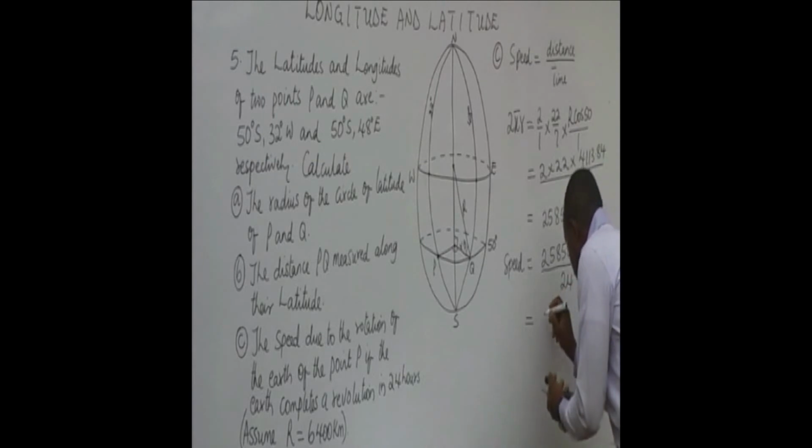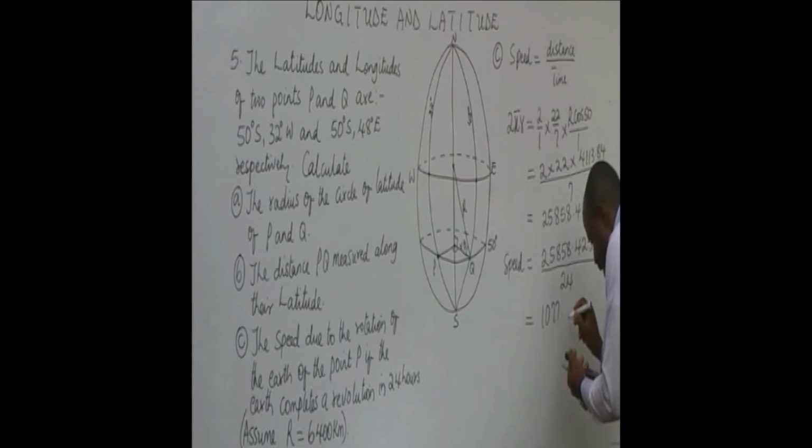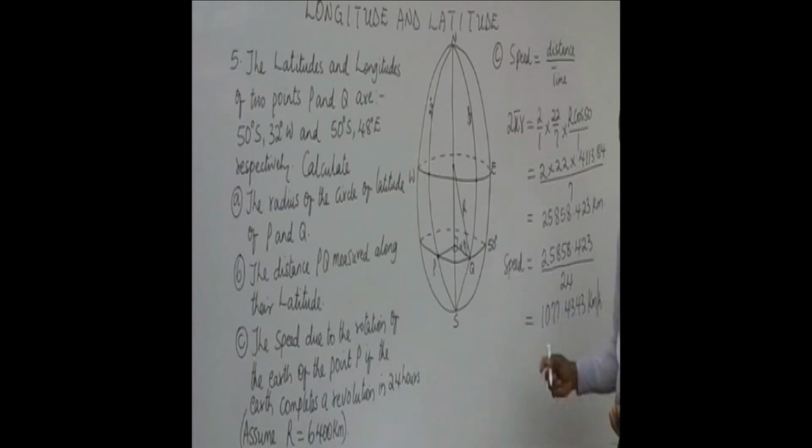It's giving us 1077.4343 in 4 decimal places. The unit is going to be kilometers per hour because they are talking of speed, distance in kilometers, time in hours. So this has brought us to the end of question number 5.